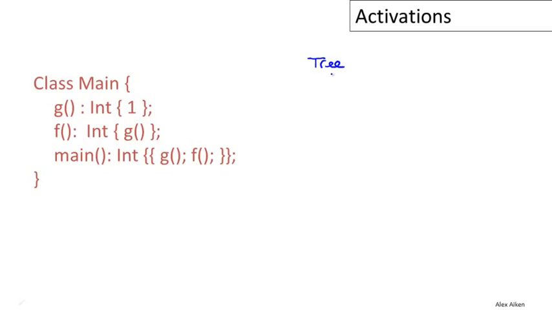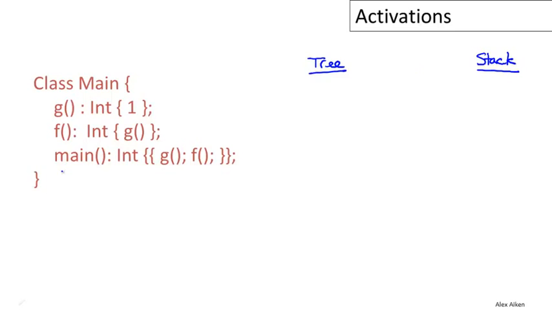I'm going to show the activation tree over here on the left, and the stack of currently executing activations on the right. So the stack is not going to keep track of the entire activation tree. It's only going to keep track of the activations that are currently running. So at each step of the program, the stack should contain all of the currently active or currently running activations.